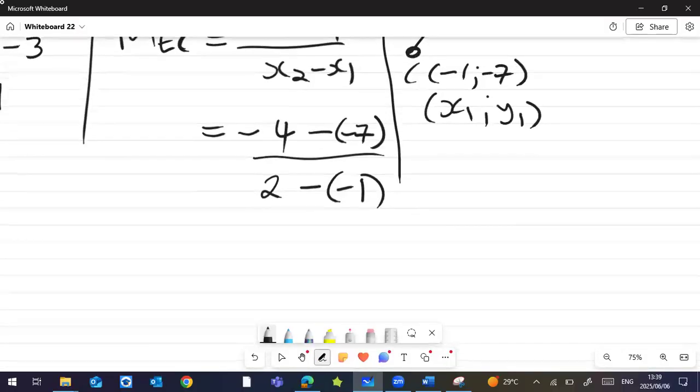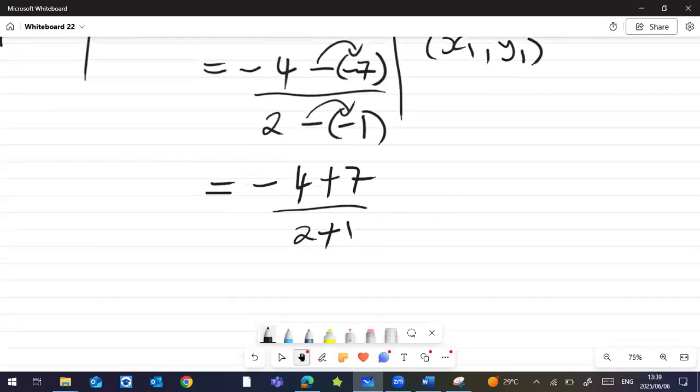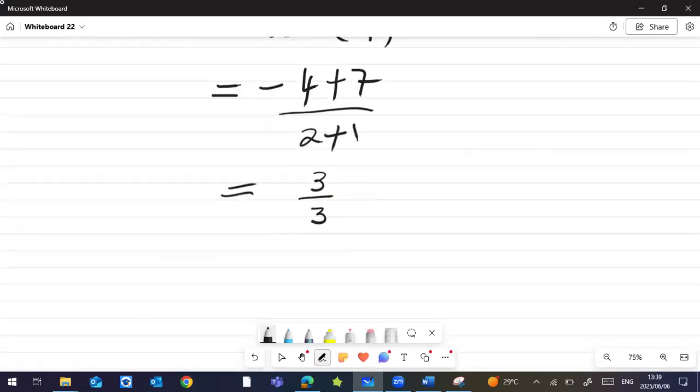So negative times negative, minus 4 plus 7, and down here also negative times negative, 2 plus 1. Minus 4 plus 7 is 3, 2 plus 1 is 3. So we get the gradient of line EC to be 3 divided by 3, it's 1.